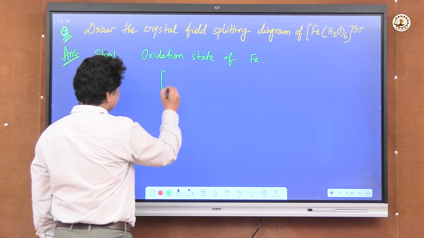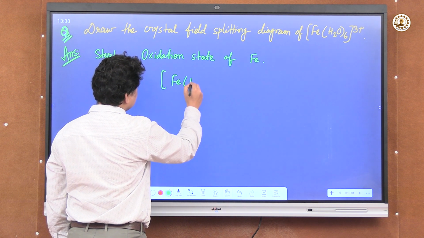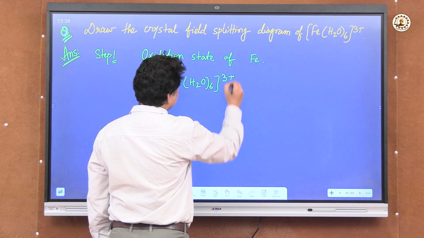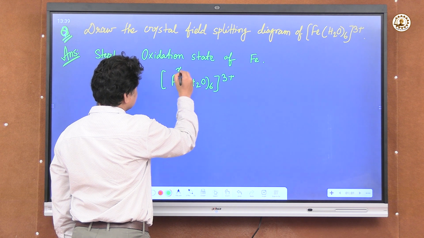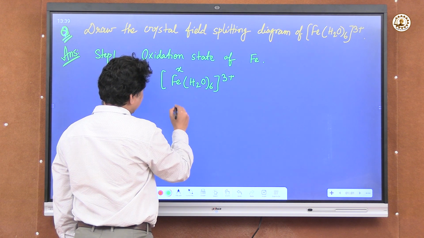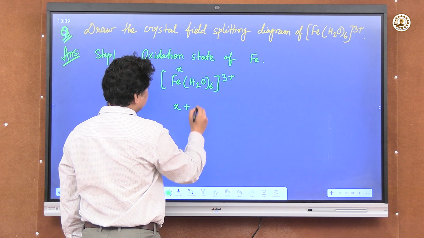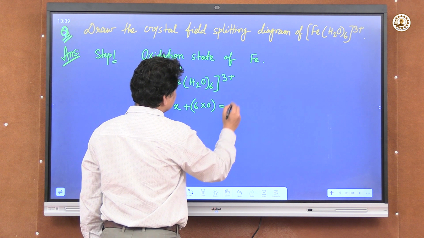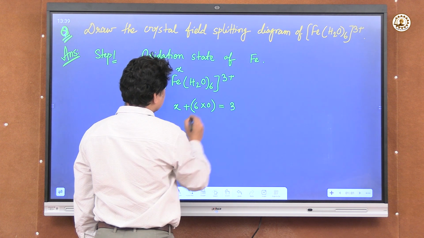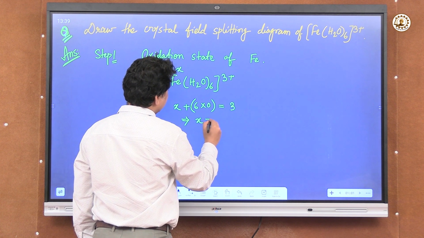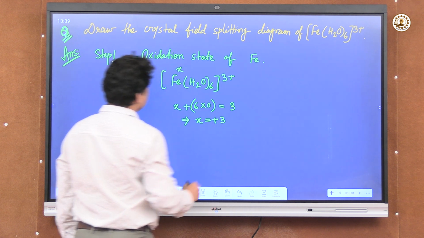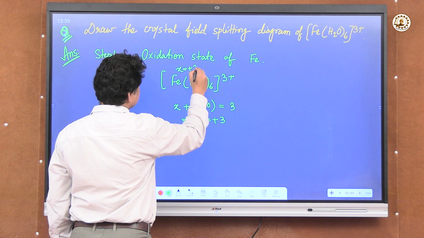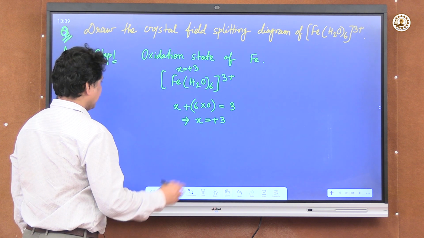Let's say we have [Fe(H2O)6]3+, and let's consider the oxidation state of iron to be X. Now X plus, water we know is a neutral ligand, so 6 into 0, is equal to 3. Therefore we can conclude X is +3. So the first thing is that iron is in the +3 state. This is our step 1.